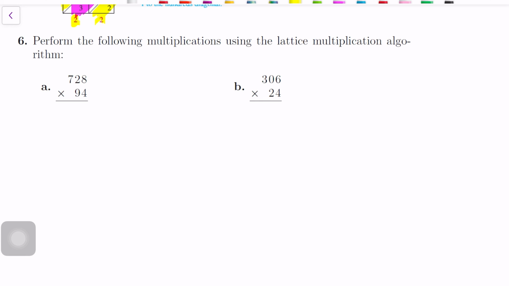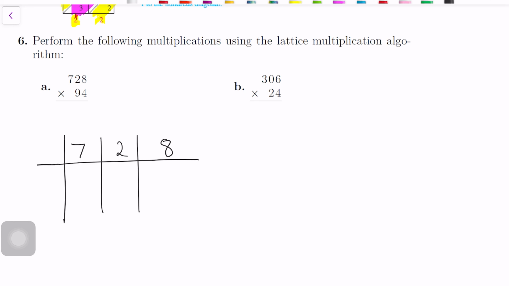Okay, so 728. Let's put it on top. So 7, 2, 8. And 94, you're going to put it on the side.